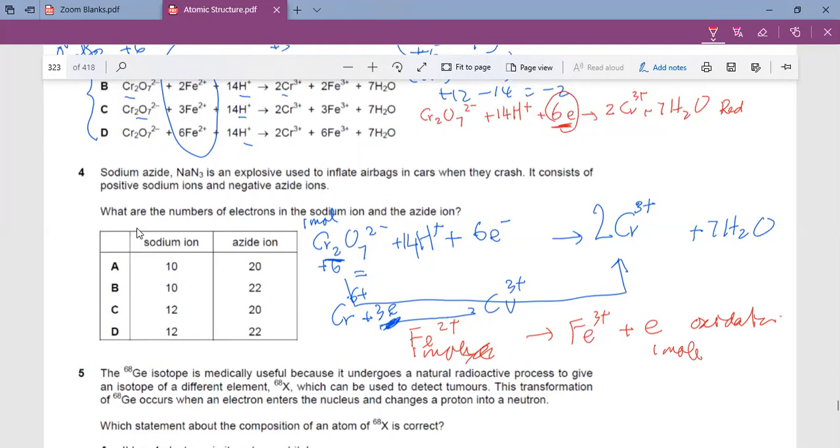How many moles of Fe2 plus must we write for 6? 6 will give you 6, to get out the 6 electrons here. So now here I've got 6 Fe2 plus going to 6 Fe3 plus plus 6 electrons. So now this is oxidation.